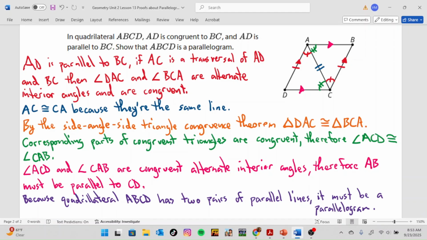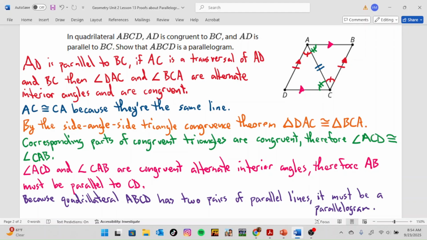So when we're doing these proofs, we're just taking the information that is given to us, and then we're working step by step. If I know this, then this must be true. Now that I have this new information that must be true, I also know that this other piece of information must be true.